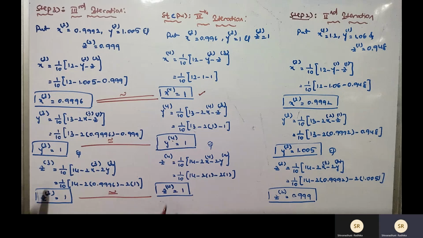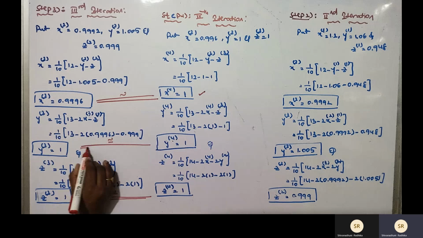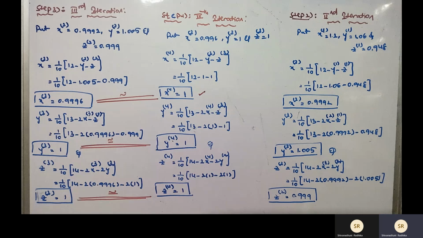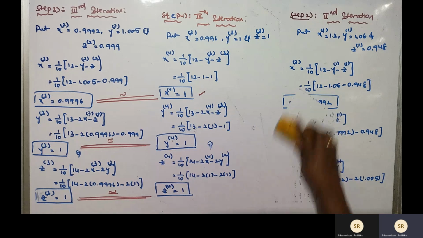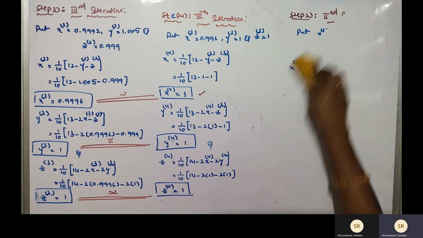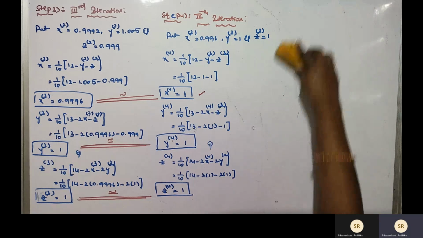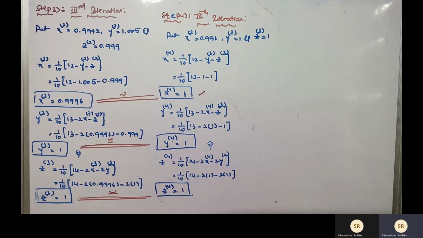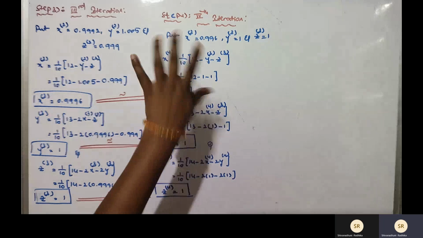Now these three are also approximated values. Now I'm going to stop this procedure because for two consecutive iterations, the variable values are approximately equal. Then we can stop the procedure and hence we can consider the x value, y value, z value of the last step.